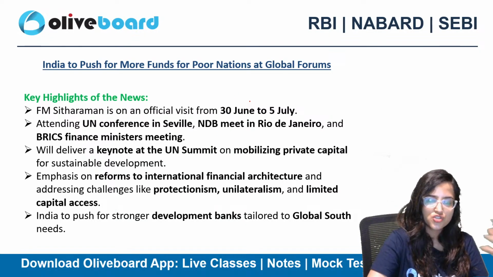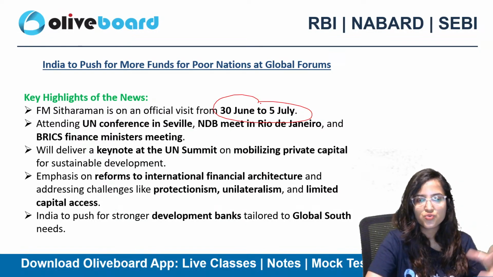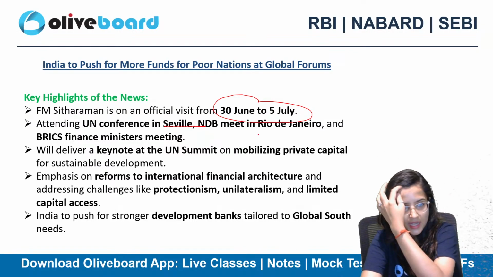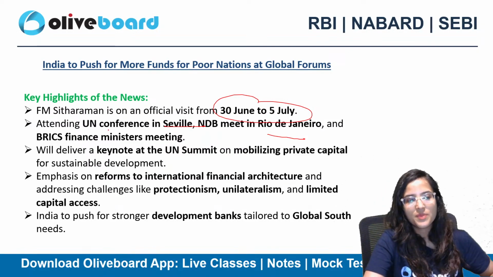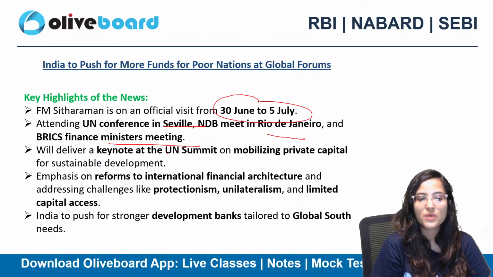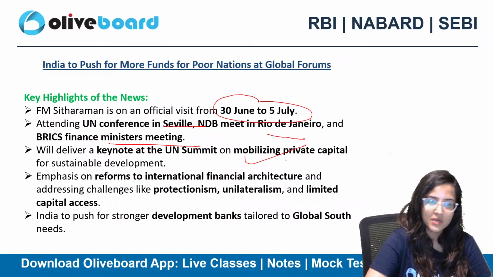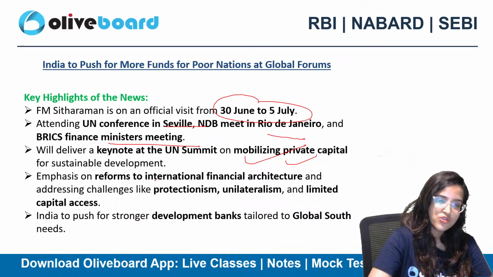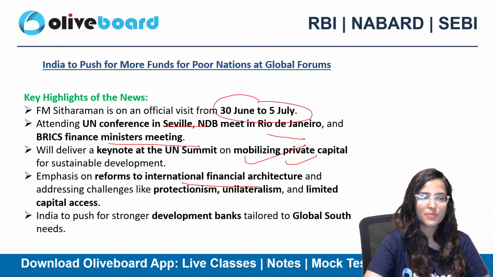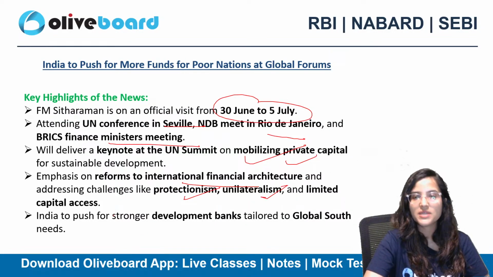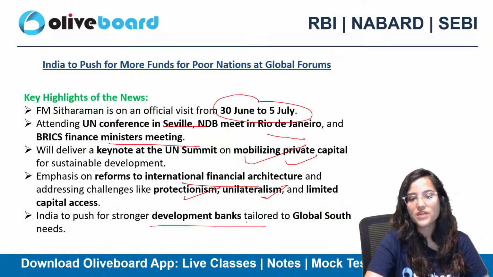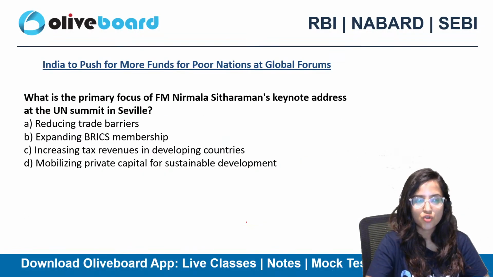She's on an official visit from 30th June to 5th July. She'll attend the UN conference in Seville, the NDB meet in Rio de Janeiro, and the BRICS finance ministers meeting, and deliver a keynote at the UN summit on mobilizing private capital. She will also emphasize reforms to the international financial architecture to address challenges like protectionism, unilateralism, and limited capital access. India is going to push for stronger development banks tailored for the global south.